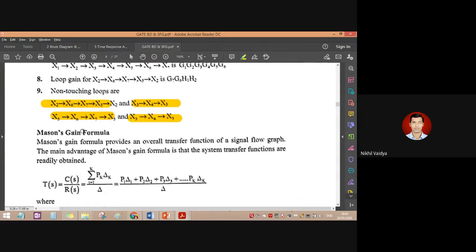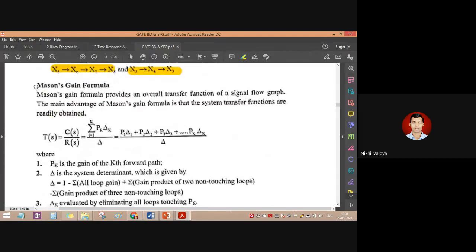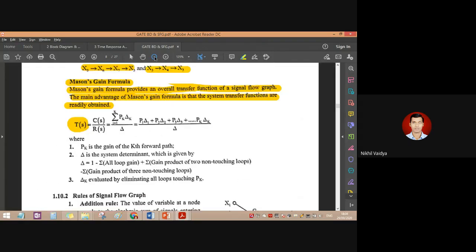Now after understanding this, finally we will have Mason's gain formula to find the transfer function from the signal flow graph. Mason's gain formula provides the overall transfer function of a signal flow graph. The main advantage of Mason's gain formula is that the system transfer function is readily obtained just by putting the values into this formula with the help of the above studied terms.